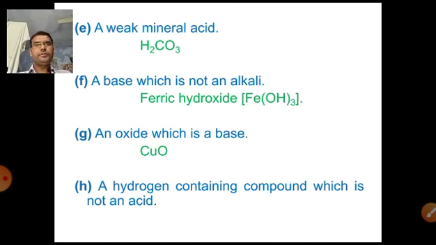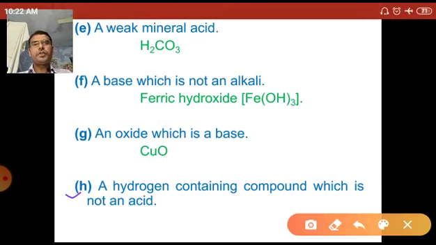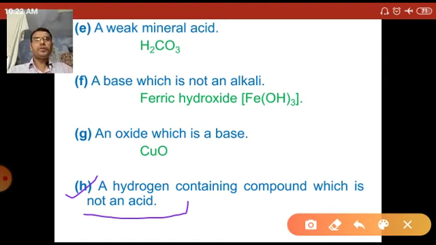Next question, question number H: a hydrogen containing compound which is not an acid. Generally acids have hydrogen and furnish it when dissolved in water, giving the acidic property, but there is an exception.